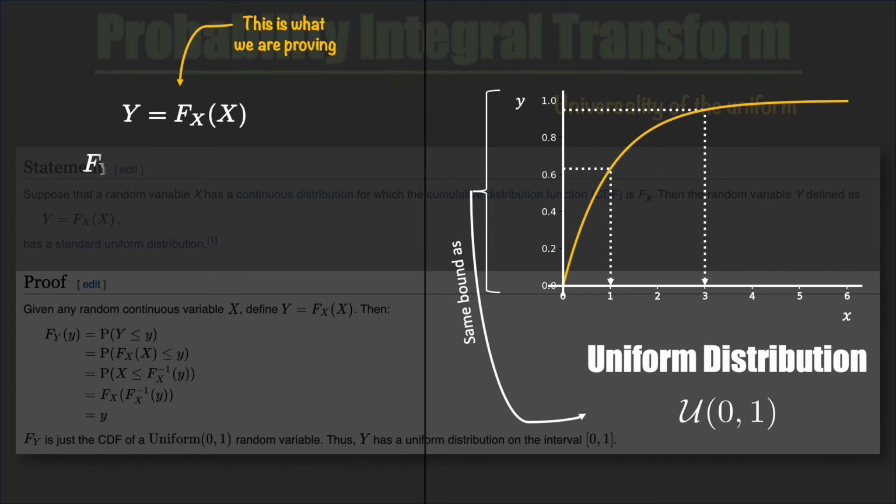Now, here is a side information. CDF of a uniform distribution is equal to y. If you are not aware of it, then you can go verify it yourself and or read the documentation of the uniform distribution. So now we get to the proof.